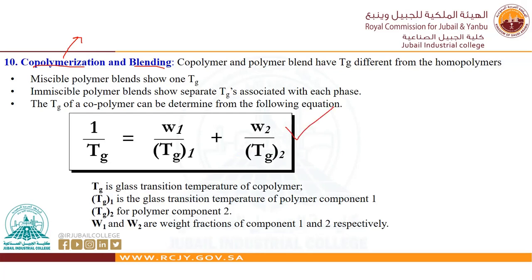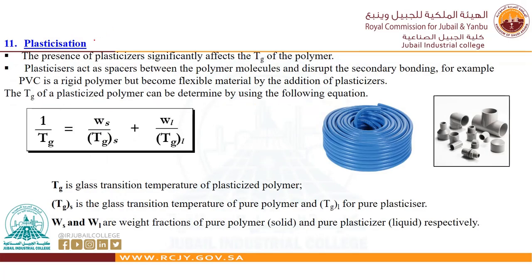Similarly, plasticization, that is, additives. Usually we have some polymers, you add some additives to a polymer to make them flexible. For example, PVC, this is flexible PVC in which you added plasticizer to make it flexible, and this is rigid PVC.